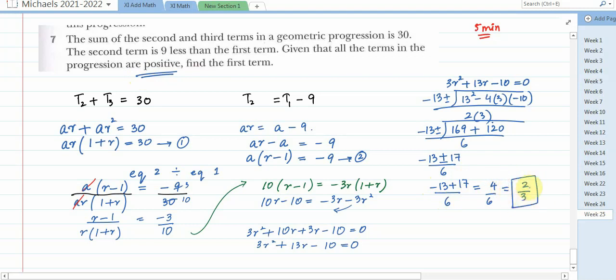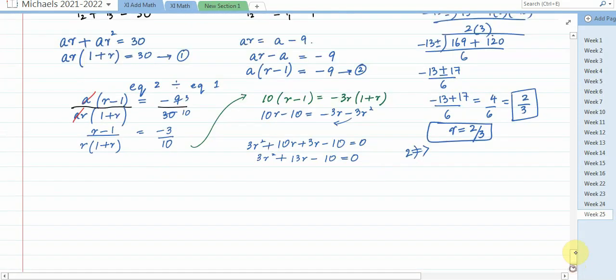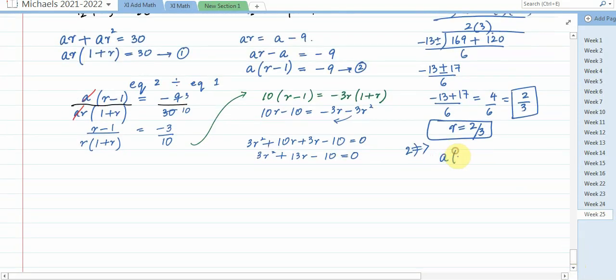Alright, so that is your first task. After that you can easily find the value of a by using r in either your first or second equation. I am going to attempt the second one, which says a times (r minus 1) equals minus 9, right?